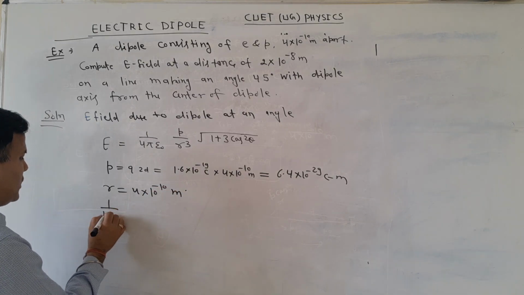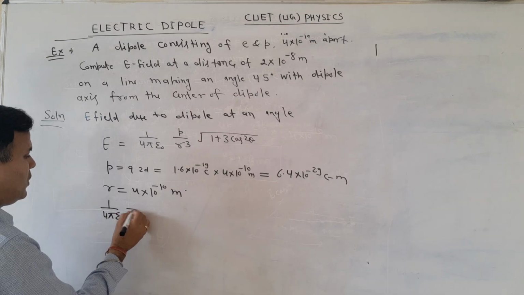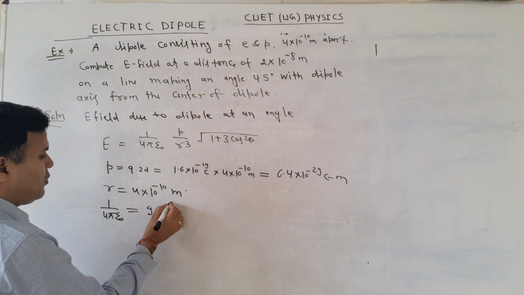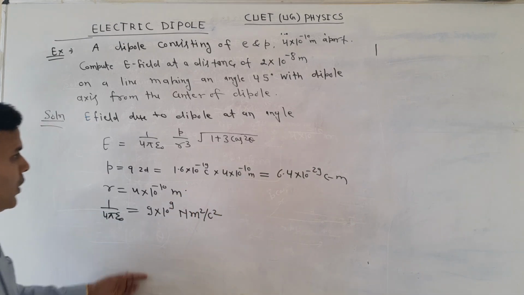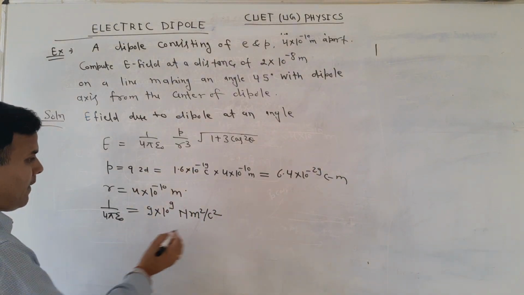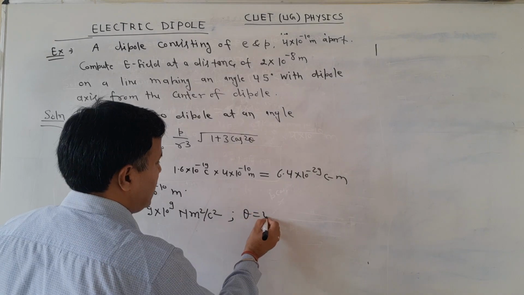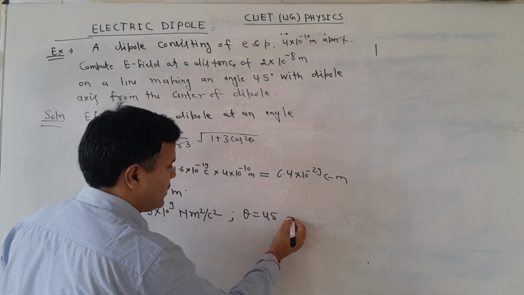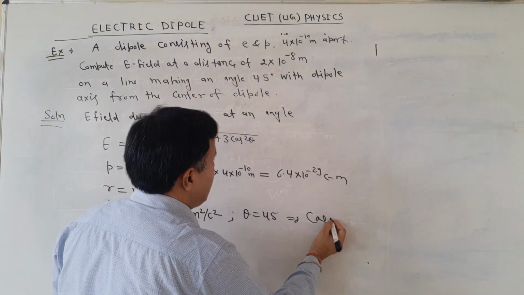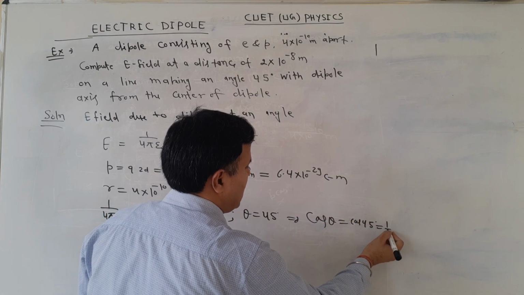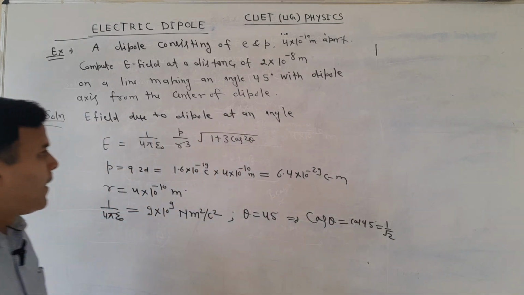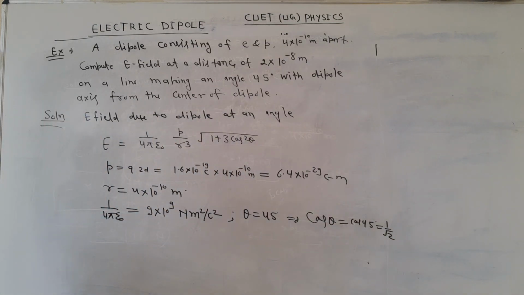And 1 by 4 pi epsilon 0 is 9 into 10 to the power 9 Newton meter square per coulomb square. And theta is 45 degree, so cos theta is cos 45, which is 1 by root 2. So cos square theta is 1 by 2.